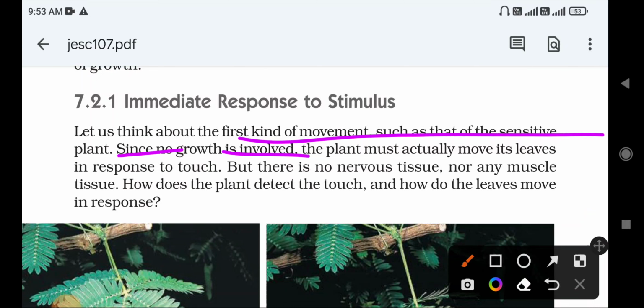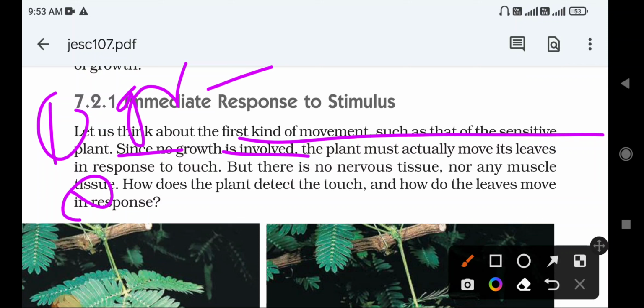In the case of how plants communicate with each other, especially where there is no involvement of growth, we have two types of movements. One is growth dependent movement, another is growth independent movement.